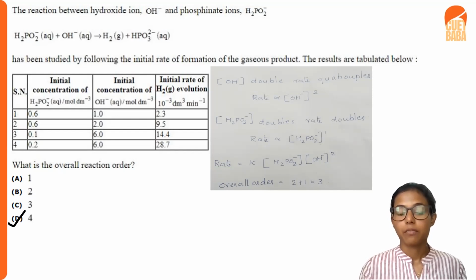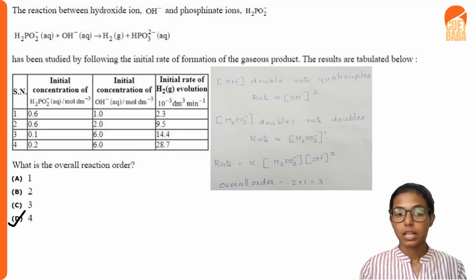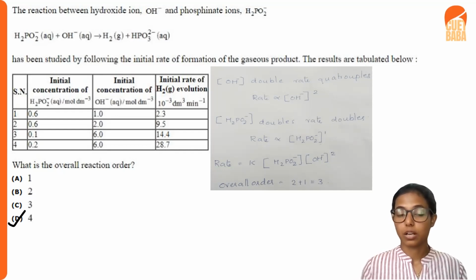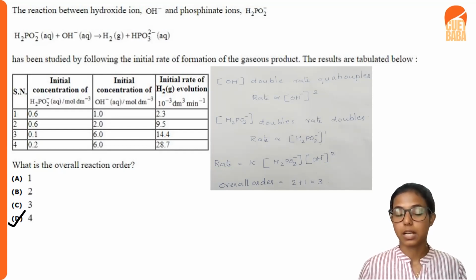Here we can see when the concentration of OH minus is 1, the rate is found to be 2.3, and when it is changed to 2, the rate changes to 9.5. In both these cases, the concentration of phosphinate ion is constant, that is 0.6. So when the concentration of OH minus doubles, the rate becomes 4 times, that is 2.3 into 4 is approximately 9.5. So we can say that the rate is proportional to the square of the concentration of the hydroxide ion.